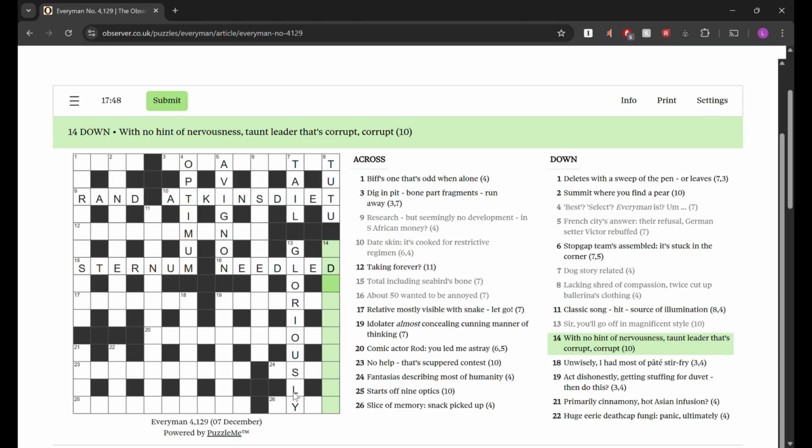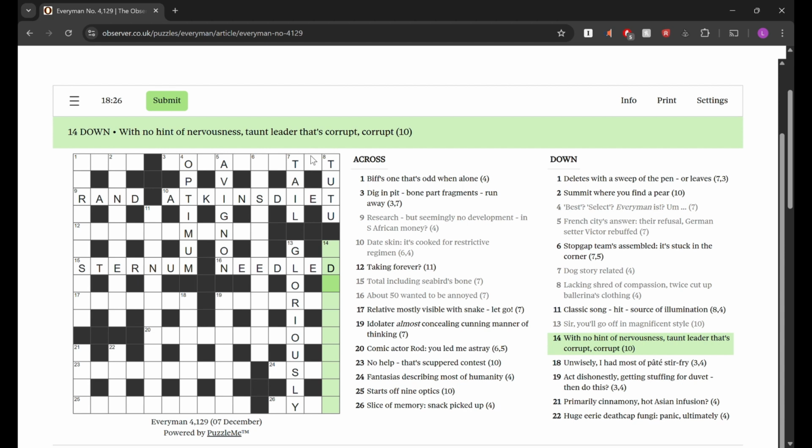Okay. 14 down. With no hint of nervousness. Taunt leader. That's corrupt. I'm guessing we're going to be anagramming something. Maybe. What about taunt leader?